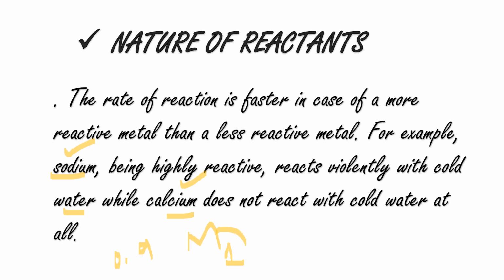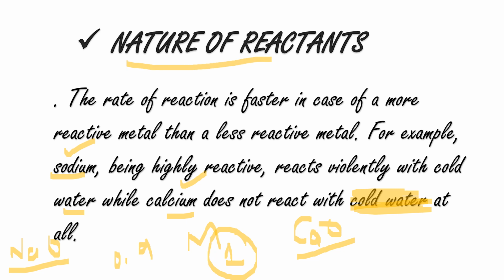That means the bond in CaO will be stronger than in NaO because of the electronegativity. That's how they have explained that it will not react with cold water very fast. Why? Because of the electronegativity. As compared to calcium, sodium will break faster, it will react faster because its bonding is weaker. That's the concept behind the nature of the reactants. I hope that you get it.